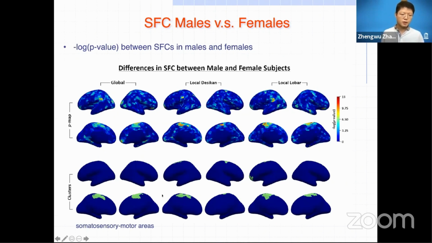They mainly focus on the somatosensory motor area, and some of them in the frontal lobe regions. The sample size is relatively small in this case, so we don't put much effort into interpreting the results. This should be redone using more data.